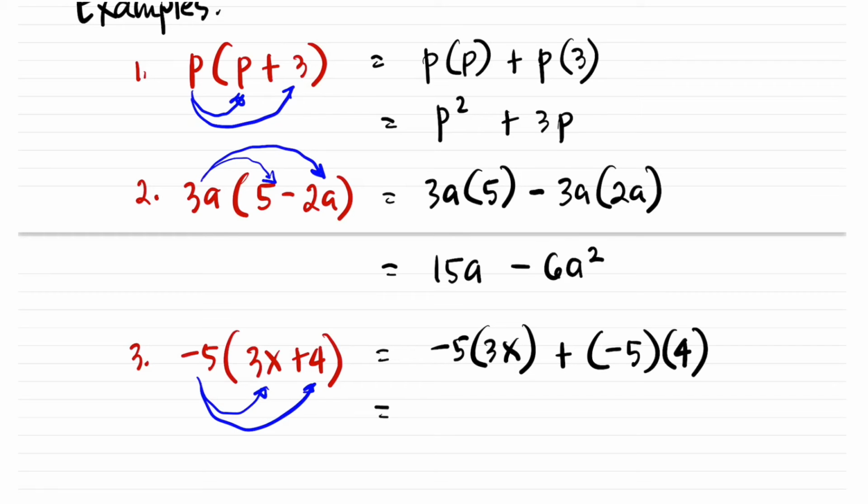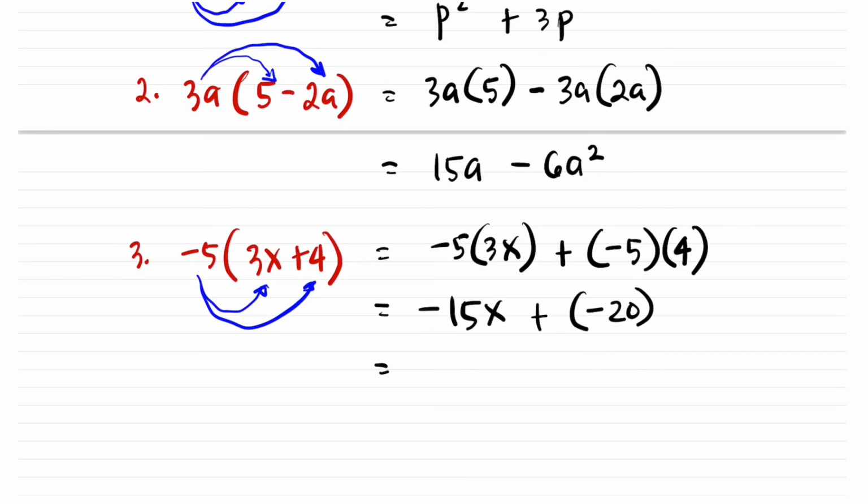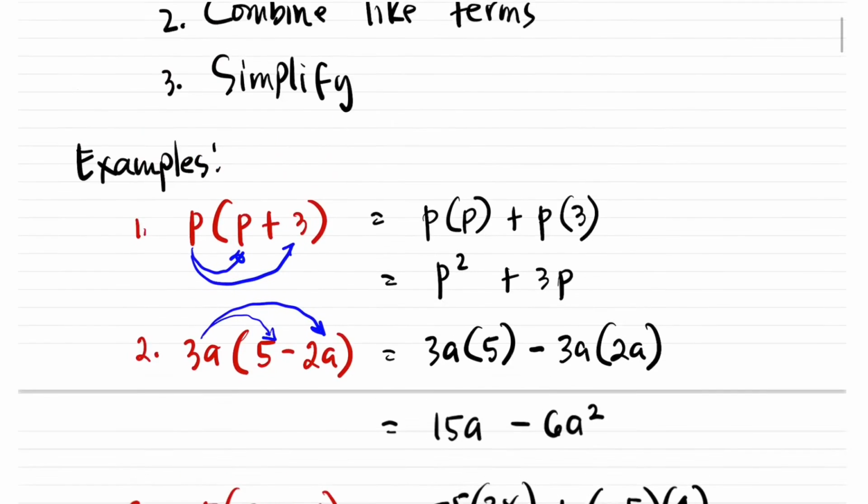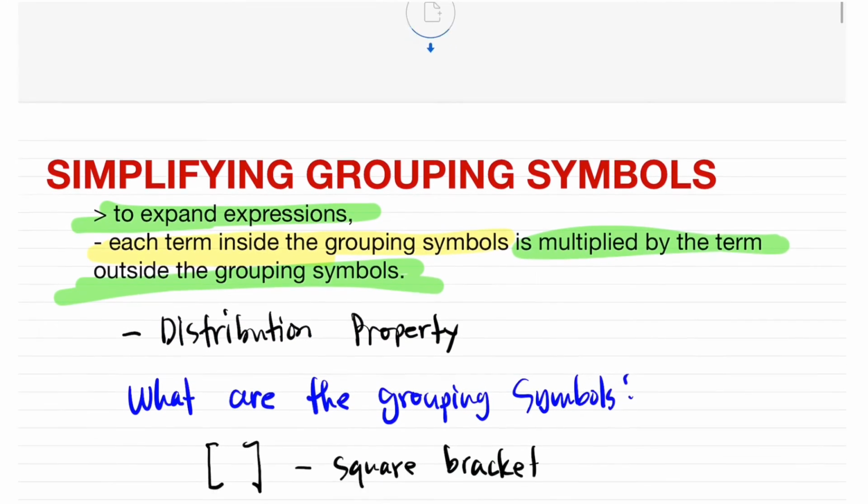Alright, so therefore we have negative 15x plus negative 20, which is equal to negative 15x minus 20.